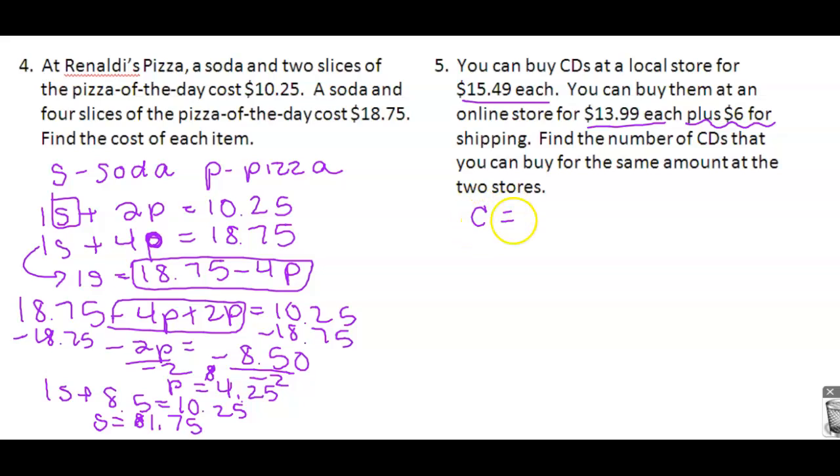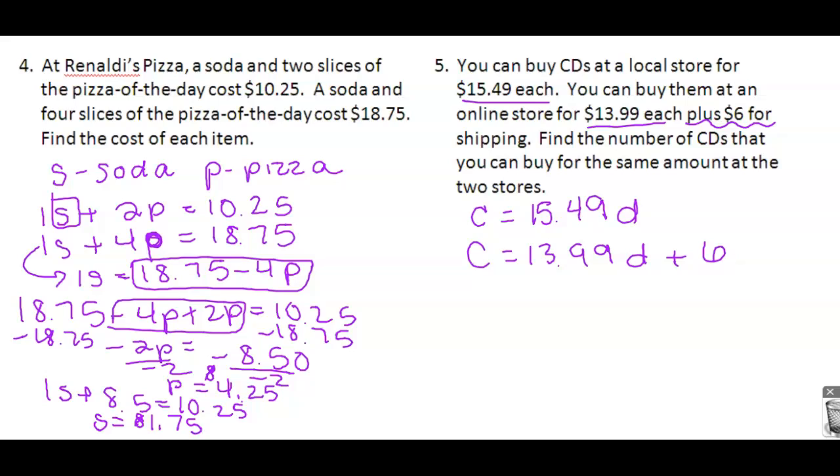So cost is $15.49 per disc in store. The cost is $13.99 per disc plus $6 shipping online.